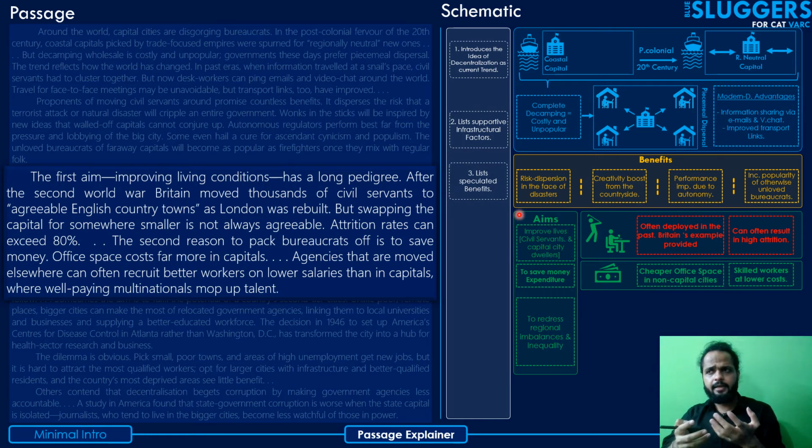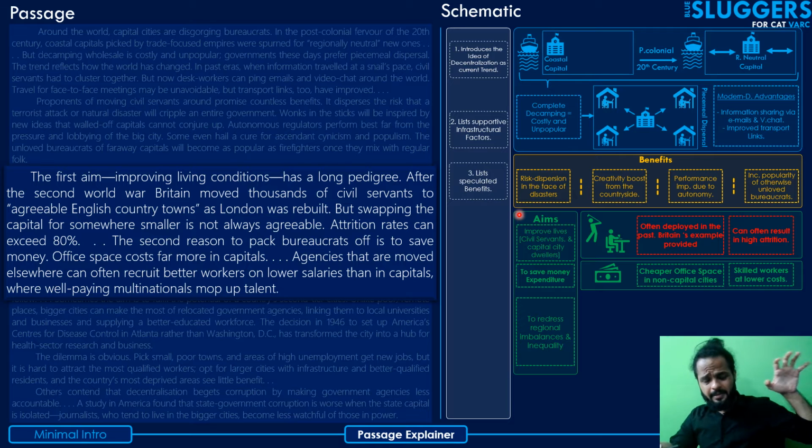Hence it is cheaper to get skilled workforce at lower salaries if you have these bureaucrats go to the more remote places, right? So it saves money.